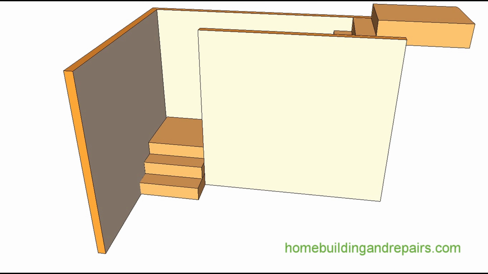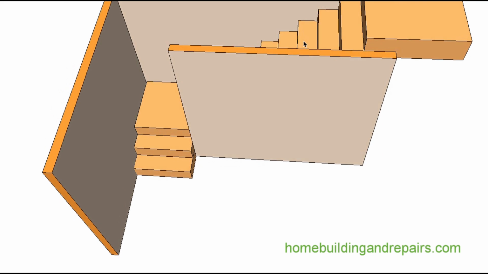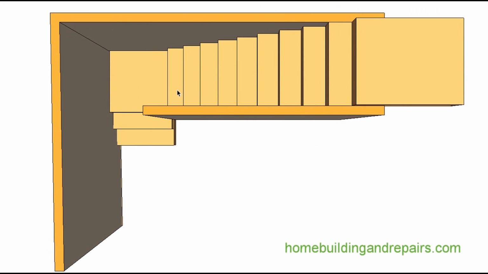Now, if you would like to make the steps a little longer, you could always add another step coming out. So you would have 2 steps coming up to a square landing, and then you would simply remove a tread from here. If you went back and counted, I believe the other one was 10. 1, 2, 3, 4, 5, 6, 7, 8, 9.